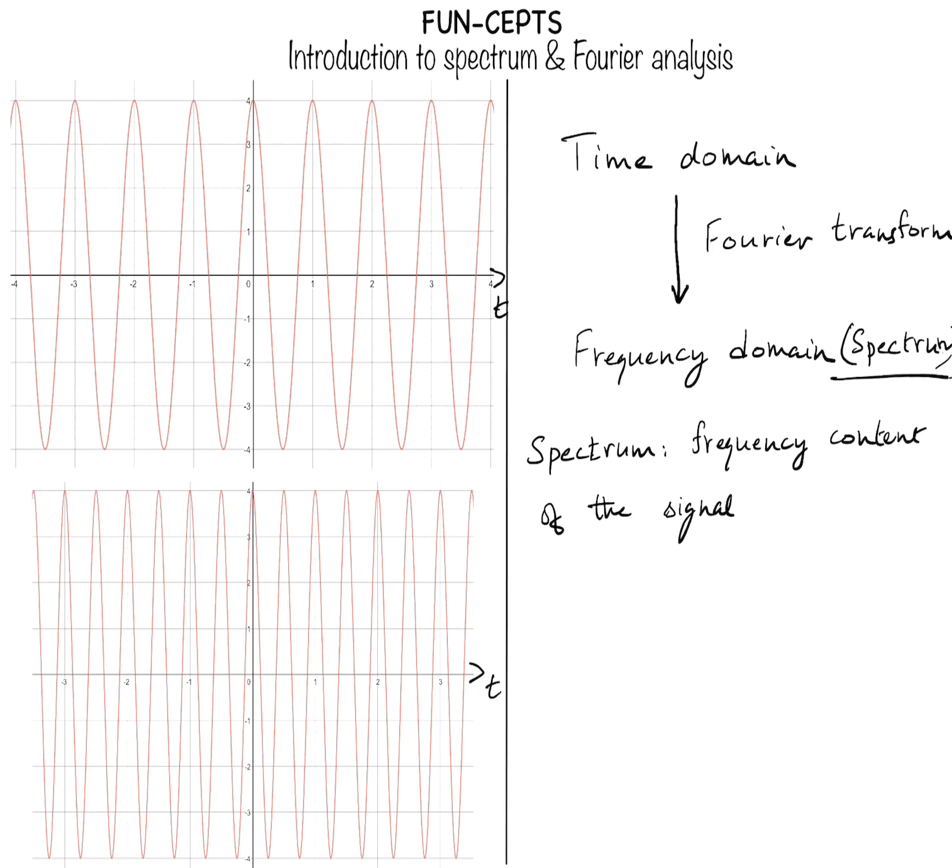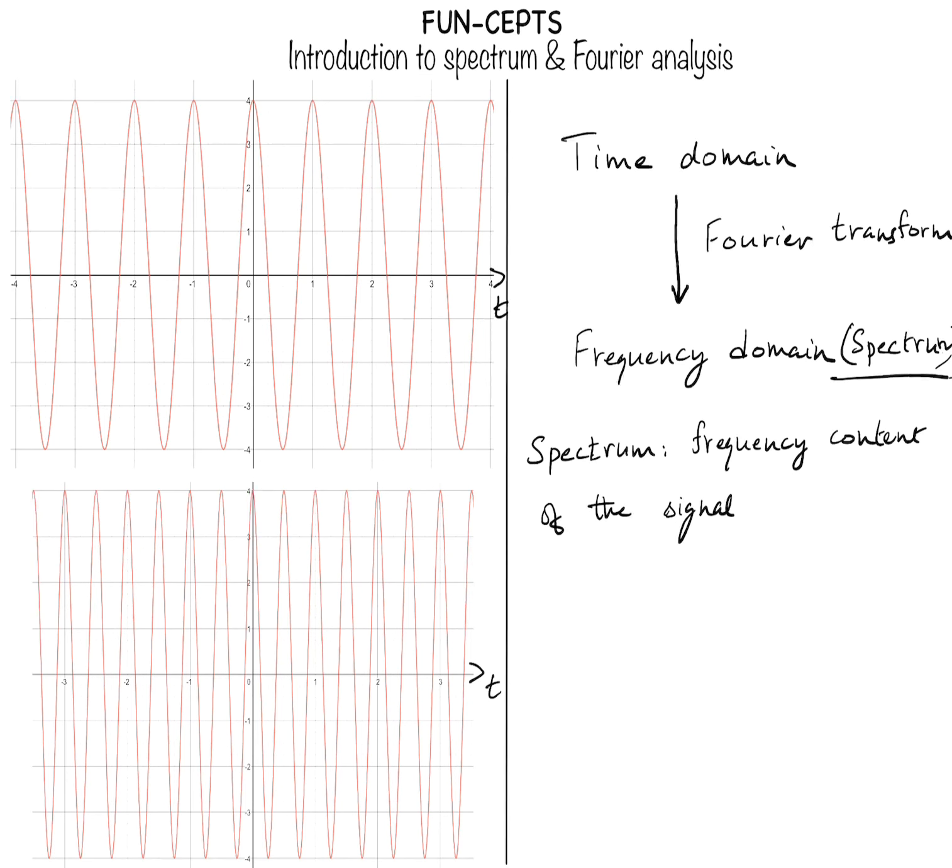For example, this particular signal is a cosine wave which completes one cycle in 1 second. That means the frequency of the signal is 1 Hertz. Similarly, this waveform is completing two cycles in 1 second. So in the time unit of 1 second, from 0 to 1 second it has completed 2 cycles.